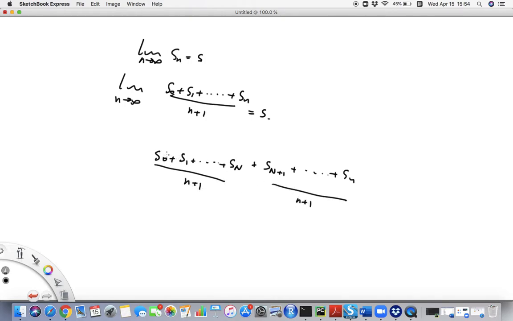These first terms can be very far from s, but there's only finitely many of them. So if you let n go to infinity, this part goes to 0. And on this part, if you choose N big enough, then you can have all of these very close to s. So basically, it's almost like (n minus N) times s over n plus 1.